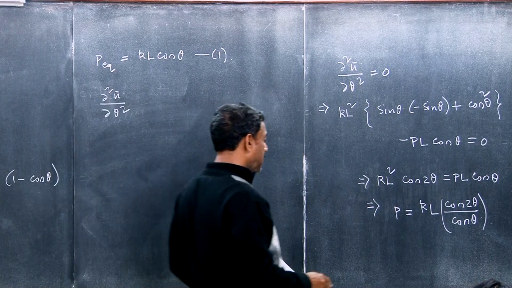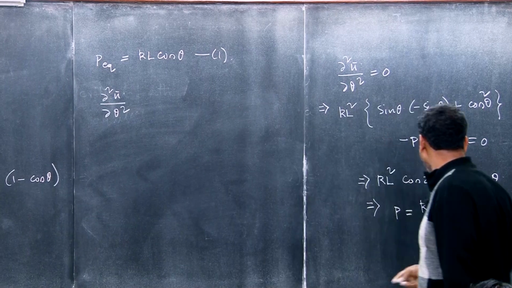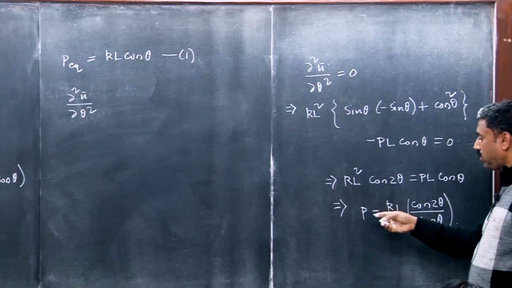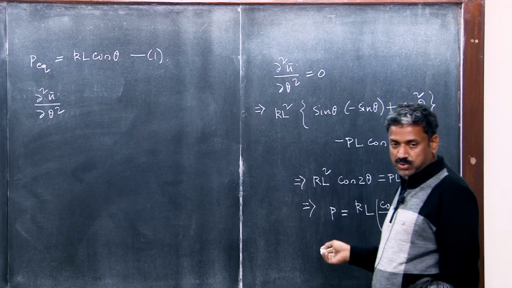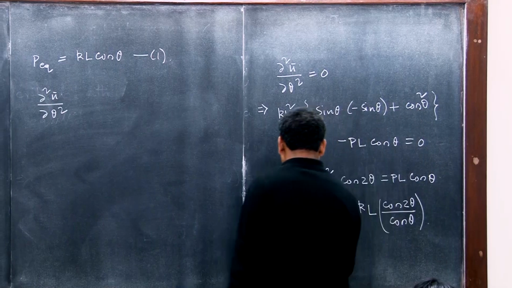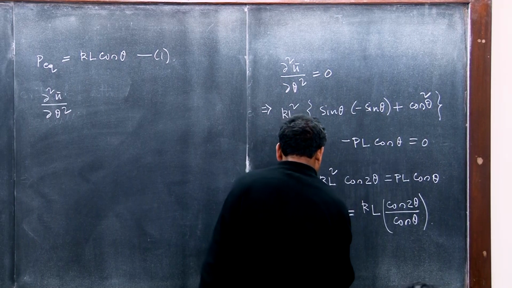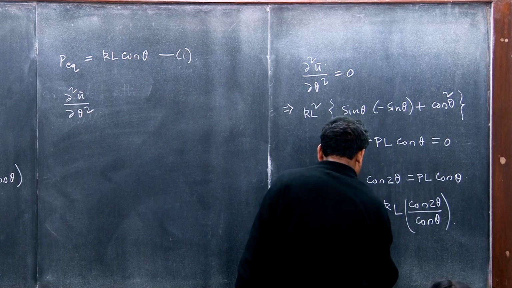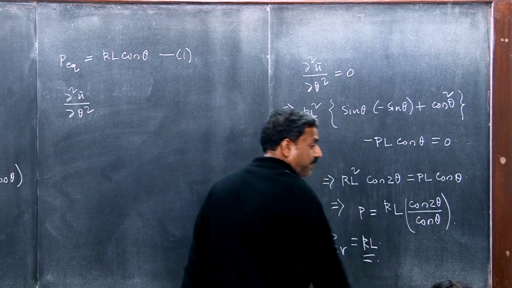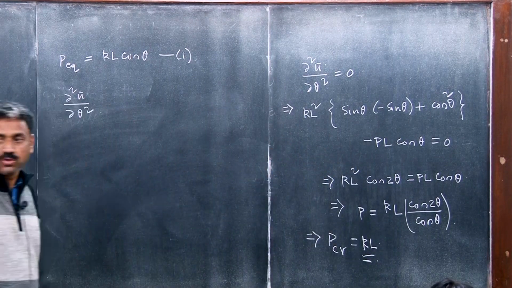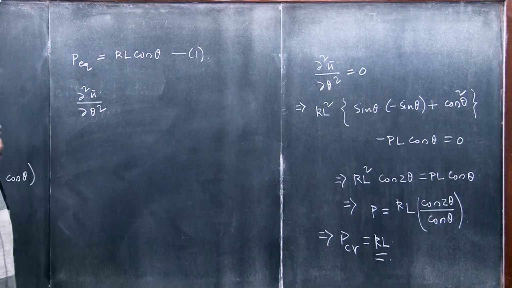You see that when theta tends to 0, P is equal to K L, right, for theta equal to 0. So, that means P critical will be K into L. When theta is equal to 0, that is the critical load.